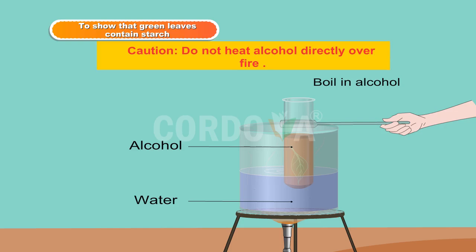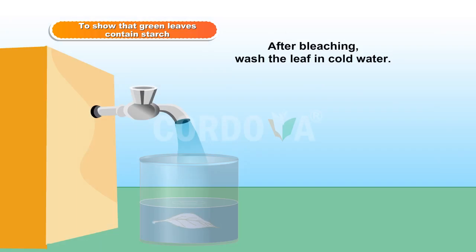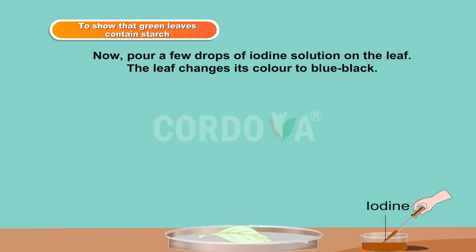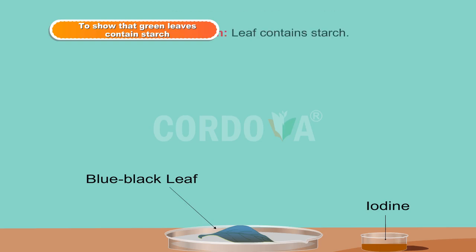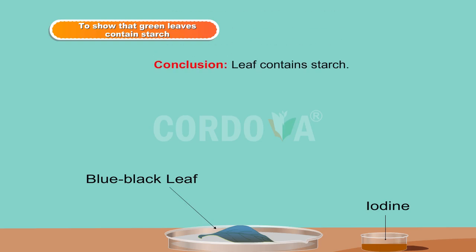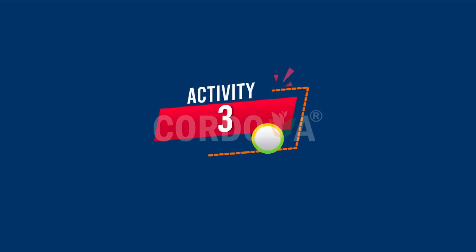Caution: do not heat alcohol directly over fire. After bleaching, we wash the leaf in cold water. We pour a few drops of iodine solution on the leaf. The leaf changes its color to blue-black. Conclusion: leaf contains starch.